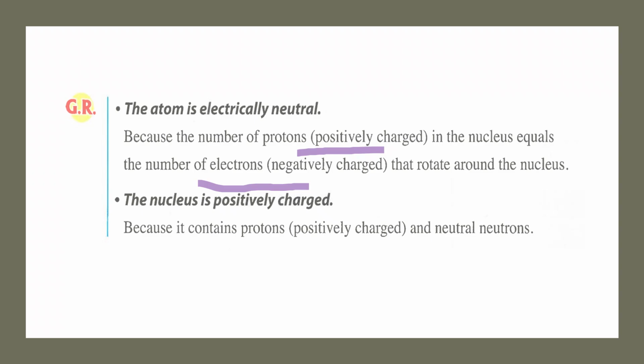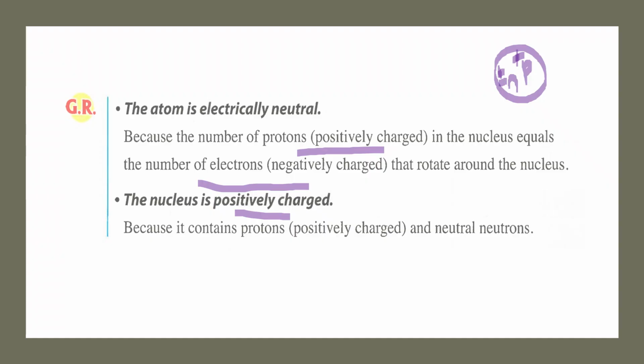Number 2, the nucleus is positively charged. This is the nucleus of the atom. It contains two types of particles, protons and neutrons. Protons carry positive charge. Neutrons, as I mentioned before, are uncharged.